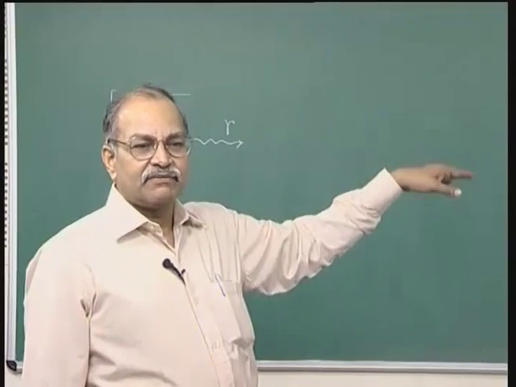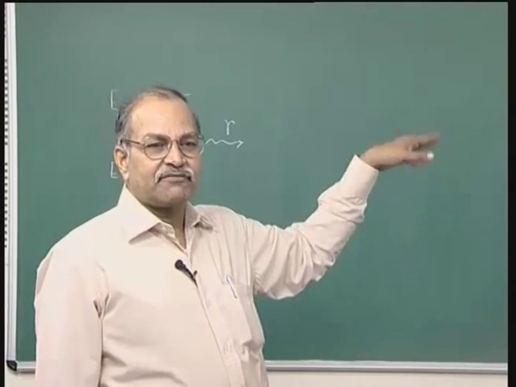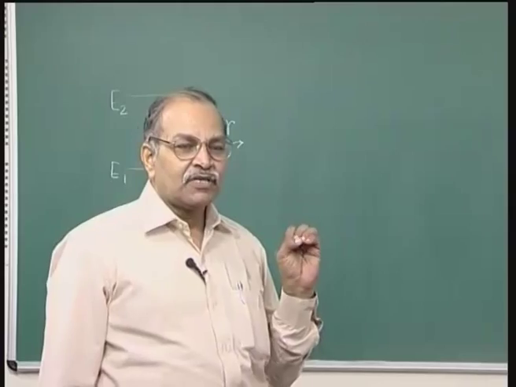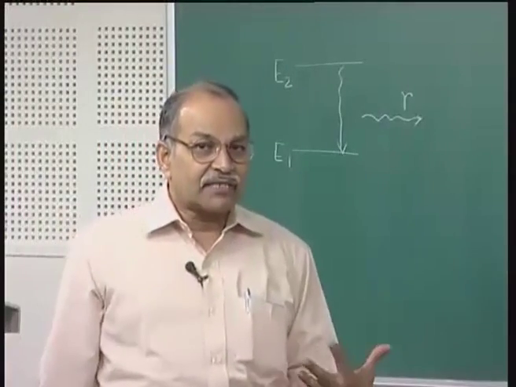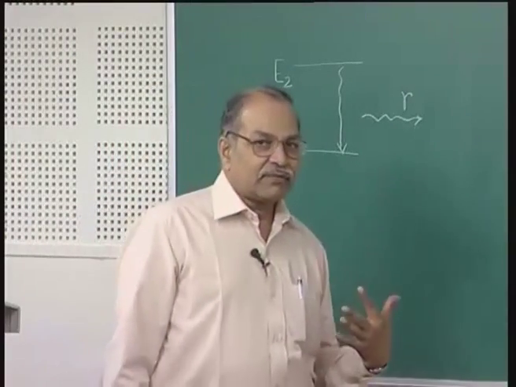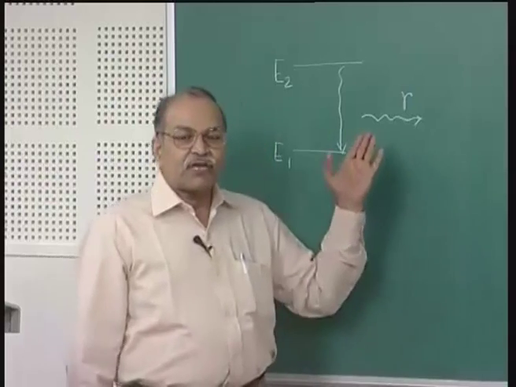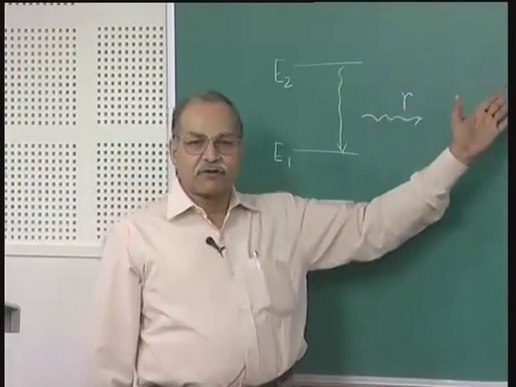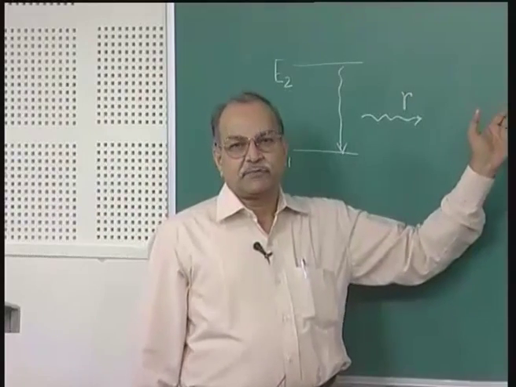There also the energy levels are slightly shifted from the free nucleus energy level values. But apart from that, there is yet another thing involved, and that is the recoil of the nucleus when it emits and the forward recoil when it absorbs.